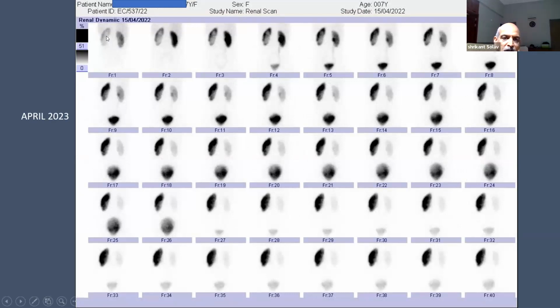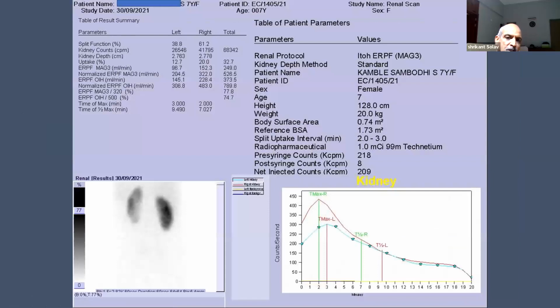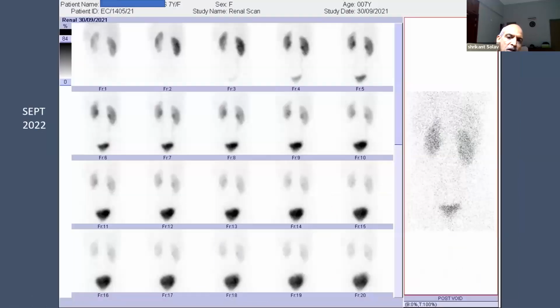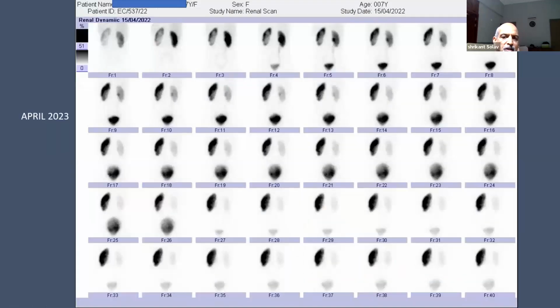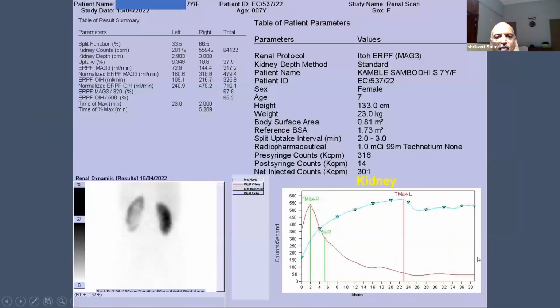And look at that, the left kidney, if you look at the quantification, the uptake qualitatively is less as compared to the right side, and as compared even to the previous study. In the previous studies, the relative uptake on the left side was better than what we see here. And on the sequential static images, there isn't adequate drainage from the left side, whereas the right kidney drains out.